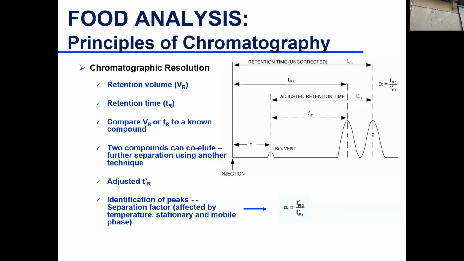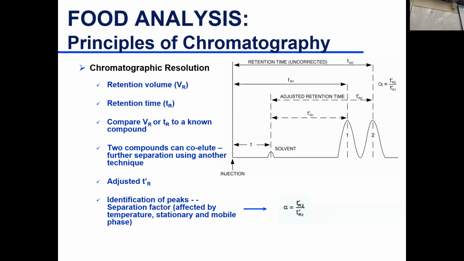It's really dependent on the system, the tubing, the column specifics that you have. So it really varies. To account for that, you get t prime, which is the adjusted retention time. That means the retention time of the compound of interest minus the retention time of the solvent. So you get the adjusted retention time.